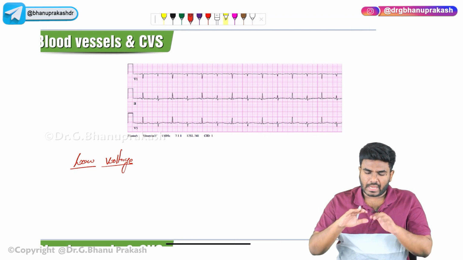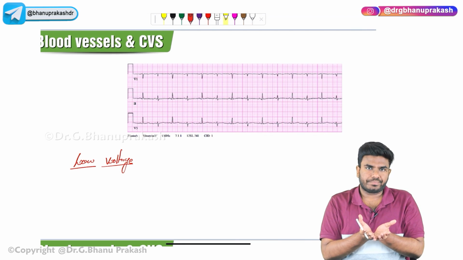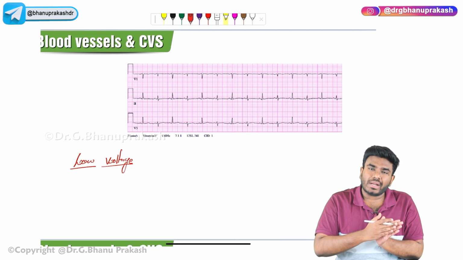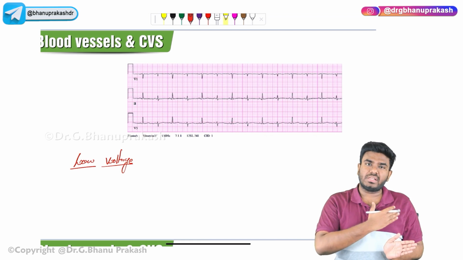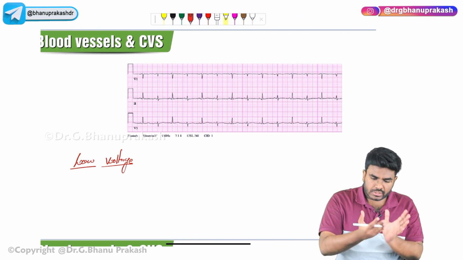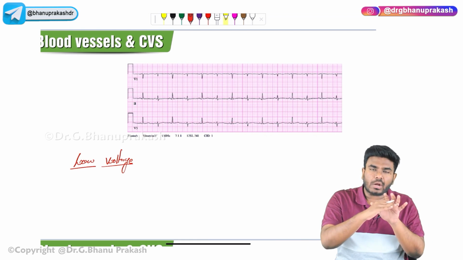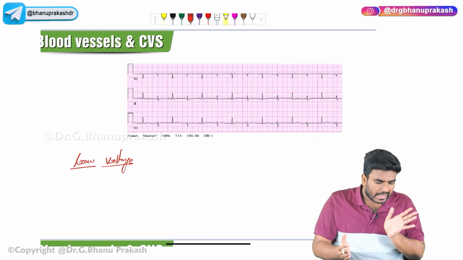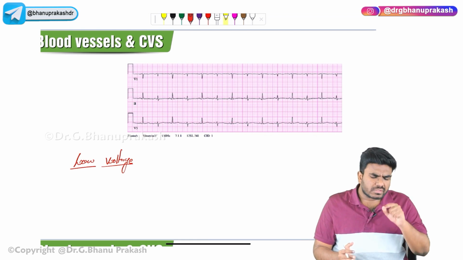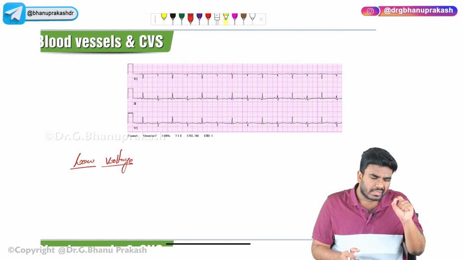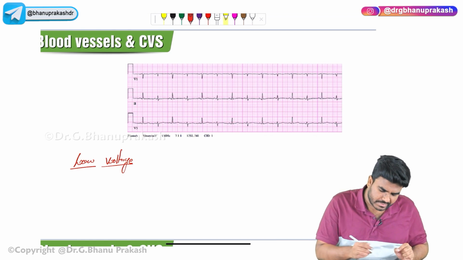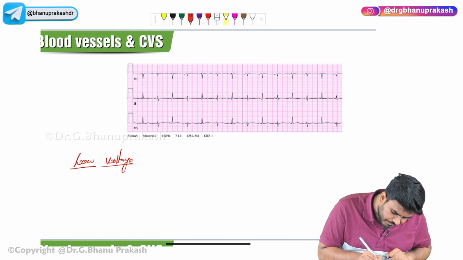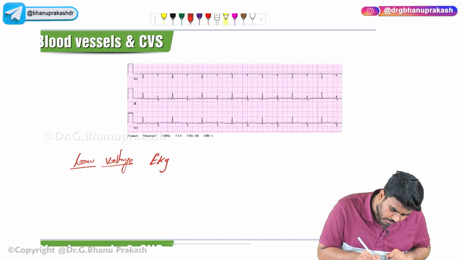Why? Because the heart is now totally surrounded by fluid. This fluid does not conduct the electricity properly to the leads. So the electrical conduction is not happening properly, and whatever EKG waves come are small waves. So low voltage EKG is going to be seen.